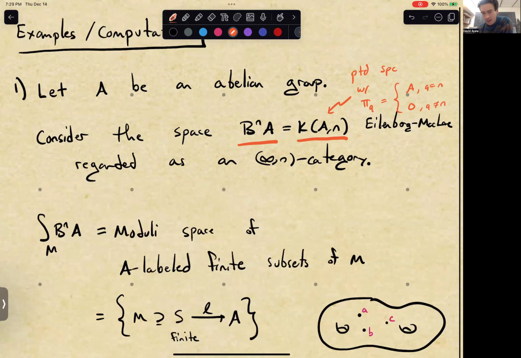And there's a standard way of regarding a space as an infinity n category in a very trivial way.